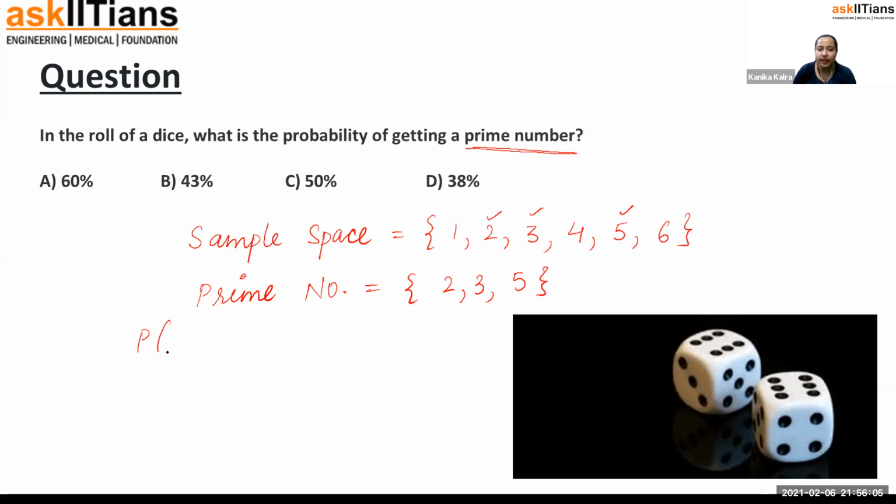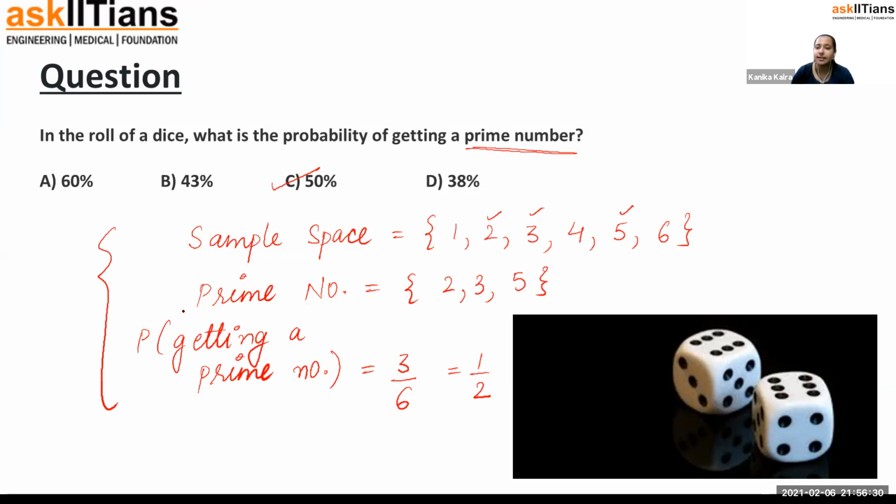So probability of getting a prime number would be equal to 3 over 6, which is equal to 1 by 2. That is actually 50%. So this is how you have to solve these questions. This is the way of writing it in the exam.